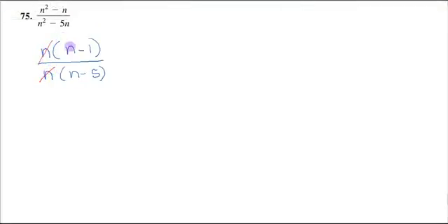It's not always the thing that's in the parentheses that you're going to cancel. It doesn't matter if it's in parentheses or if it's a single factor sitting out front. Those are still multiplying the n minus 1 and the n minus 5, so we can cancel those. And then we're left with n minus 1 on the top and n minus 5 on the bottom.